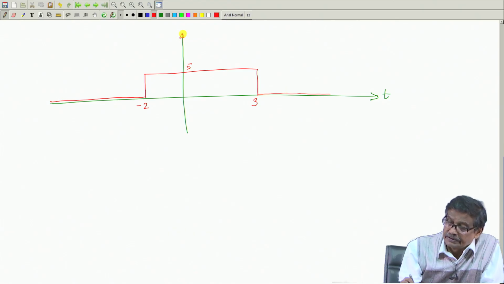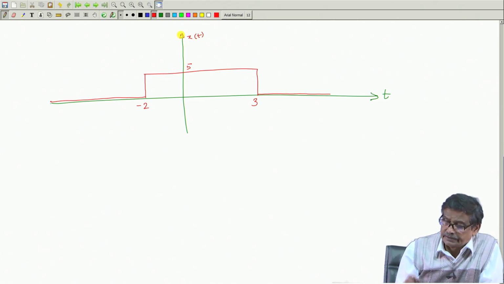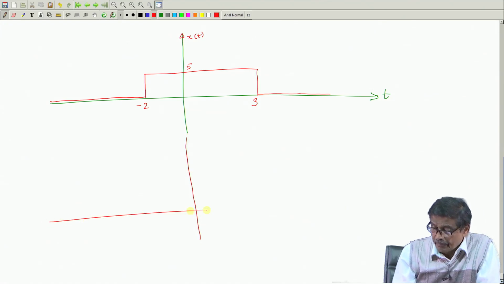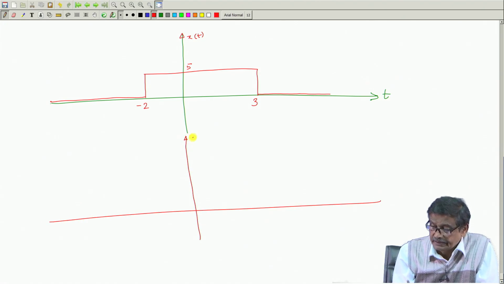This is your x(t). This is no impulse, mind you, x(t). Now I ask you, what will be dx/dt?